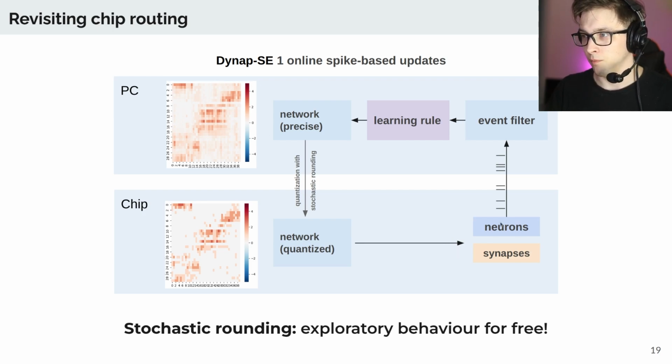You can have your neurons, synapses over here, you get some events, then on the PC you get those events, you sort them, and then you can apply some arbitrary learning rule, some update rule for your network that you design yourself. It could be either Hebbian or some form of gradient descent or whatever you can come up with.